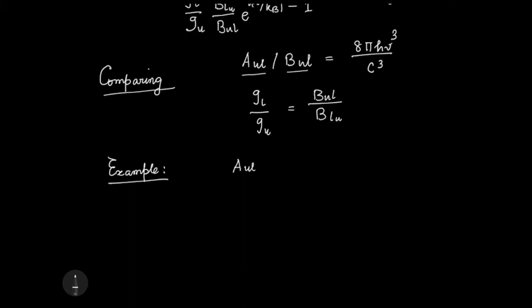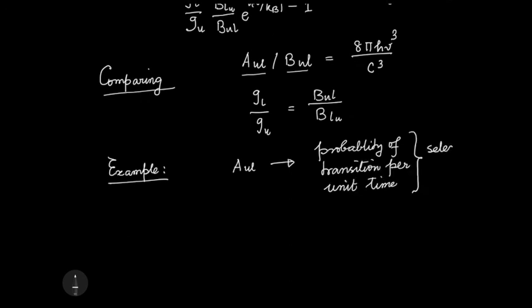So AUL should be given in per unit time. Essentially AUL gives you the probability of transition per unit time. That is nothing but the thing which is responsible for what we usually call in spectroscopy selection rules. This is the thing which decides the selection rules.